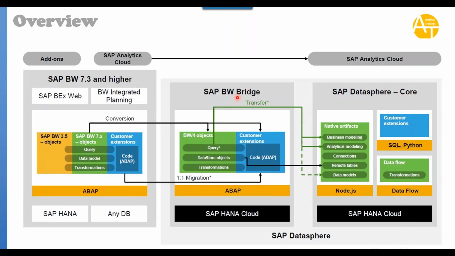On the left-hand side, we see a regular data model with all the ABAP logic, and of course, the customer wants to reuse their existing logic in DataSphere. As I explained a few minutes ago, we offer two types of migration option. The regular BW artifacts like InfoObject, advanced DataStore object, and composite provider are transferred via shell or remote conversion into BW Bridge.